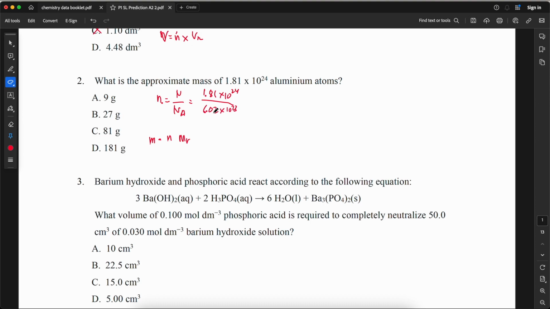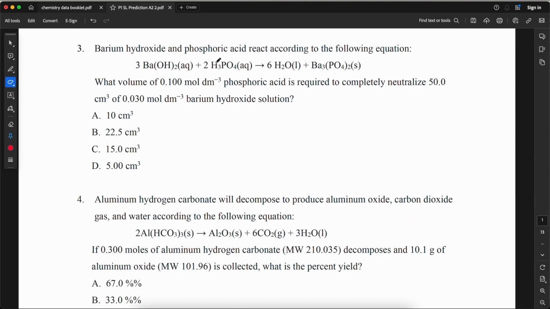I will just put it as 18.1 times 10 to the power 23 and 6.02 times 10 to the power 23 as well. So you get around 3. So mole is 3, and the atomic mass of aluminum is around 27, or 26.98, basically around 27, and you will get 81 gram.